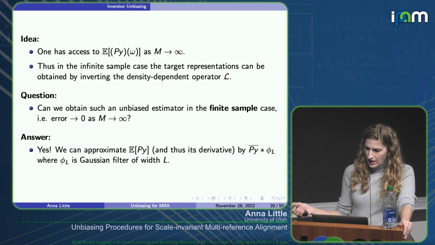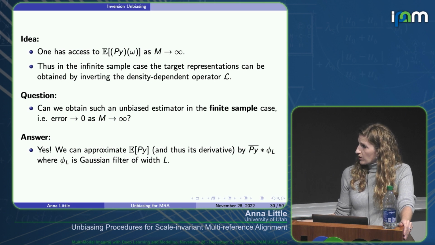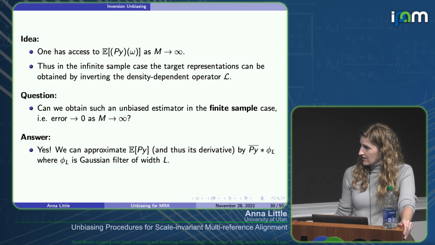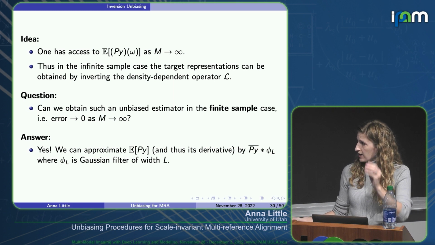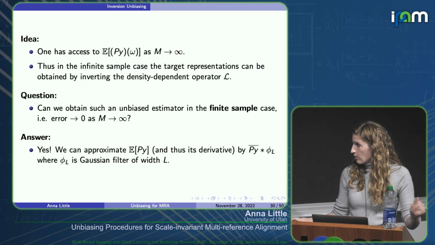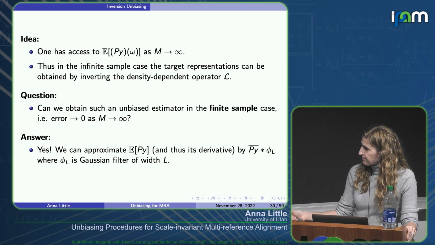Okay, so the idea is that we're going to approximate this thing that the estimator is based on, the expectation of Py, by the empirical mean, smoothed out. This is not a differentiable thing, and we need to differentiate it, so we're going to smooth it out with a little Gaussian filter.